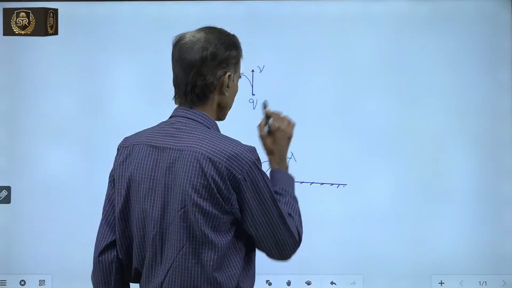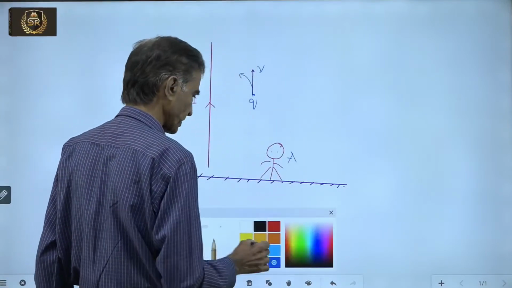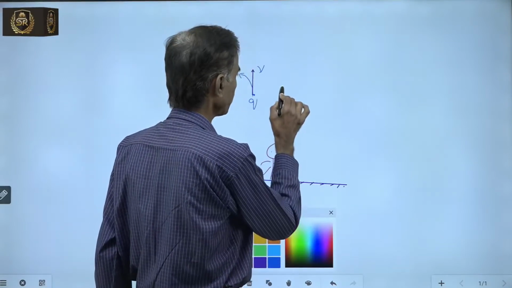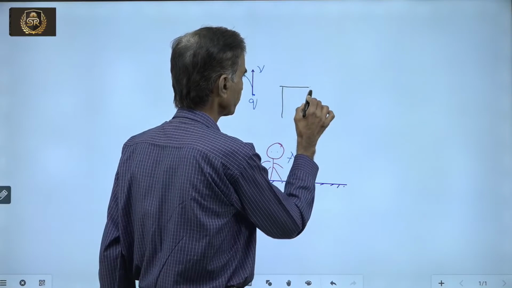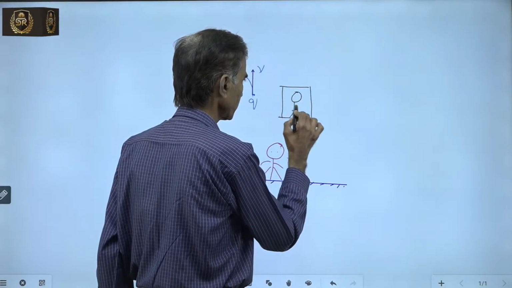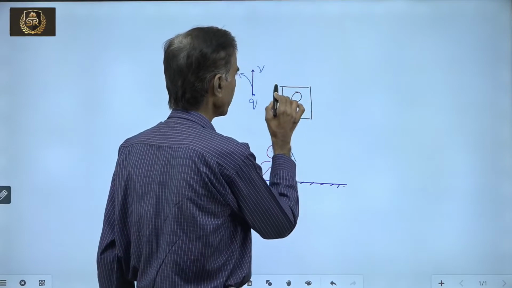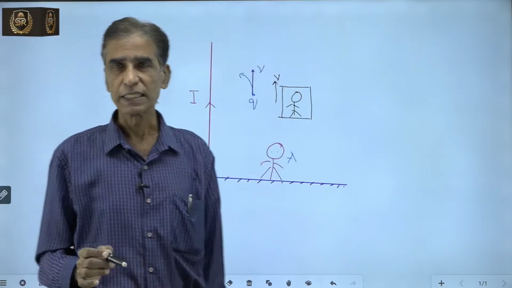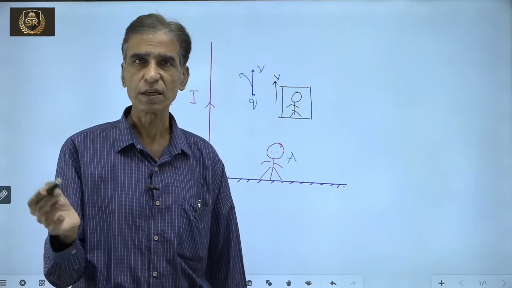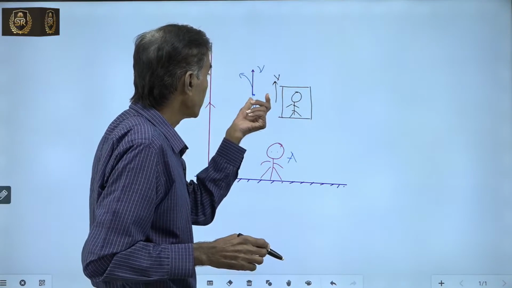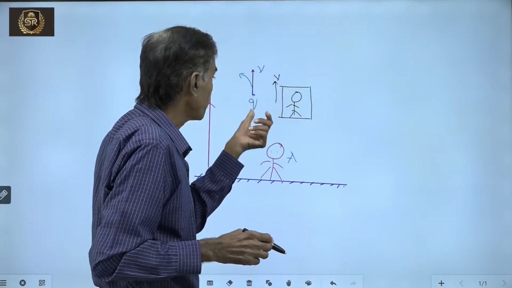Now, let us take another observer. She is another observer, and she is also moving with velocity v, in the direction of this charge.